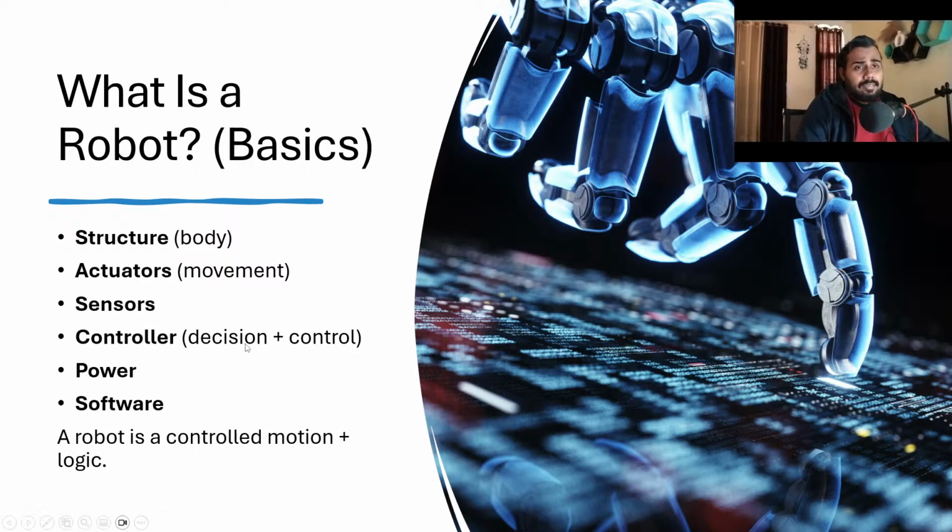So what it does is it takes the decision and it gives you control movements. For example, if you have a robot and the robot is required to perform some task, it is required to lift something. So this microcontroller, which is a lower level brain that controls the movements of the body, is responsible as the body.